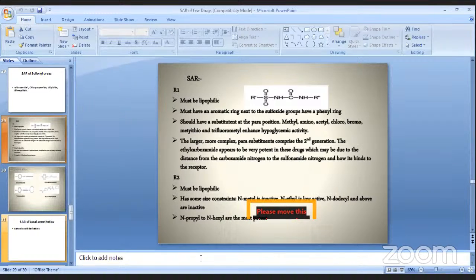further down, and it is the second generation of drugs, which helps to bind with the receptor.